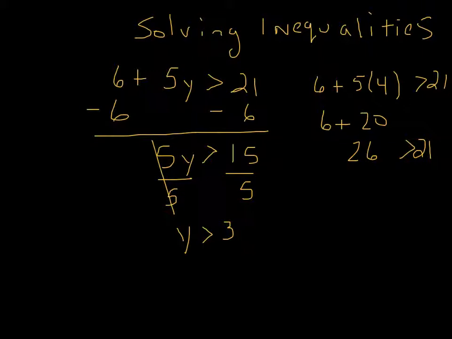Alright, let's flip it over. We'll keep on going here. So the next example we have negative 7x plus 4 is less than or equal to negative 4x plus 16. We're going to solve this just like we would normally solve an equation. I would start off by bringing the 4 over, so let's go minus 4.